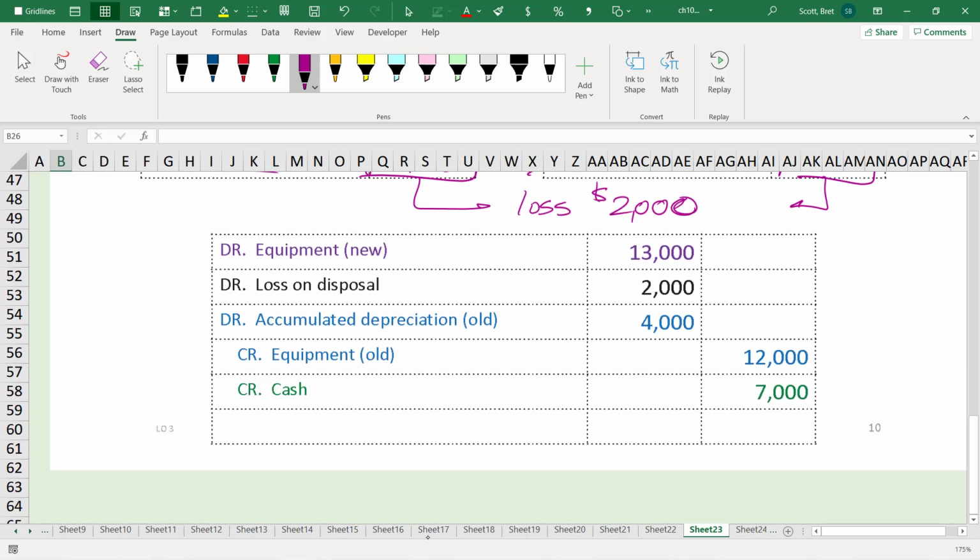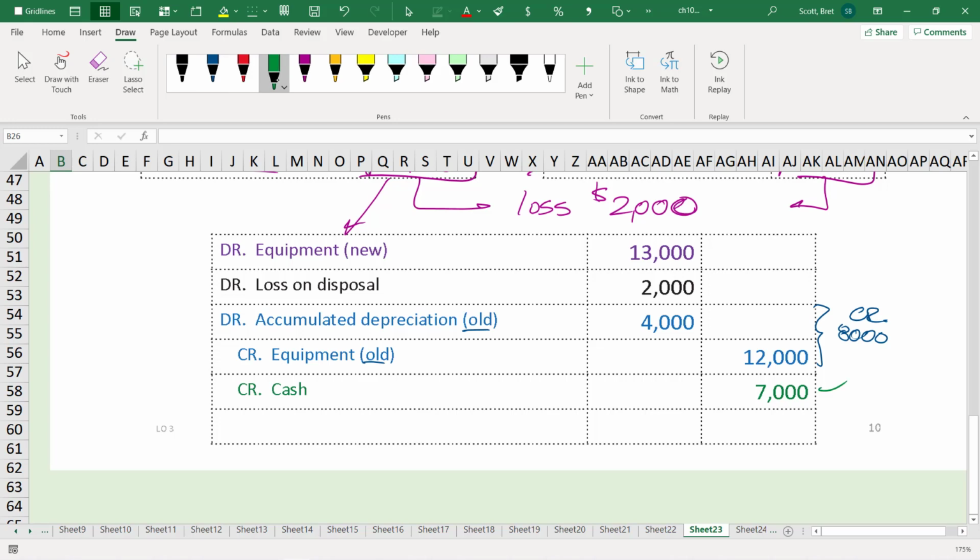The new equipment, I'm going to value at the $13,000. That's the fair value that I received. The accumulated depreciation of the old equipment and the cost basis, that is the $8,000 net credit that's getting off my books. And there is the cash I'm paying.